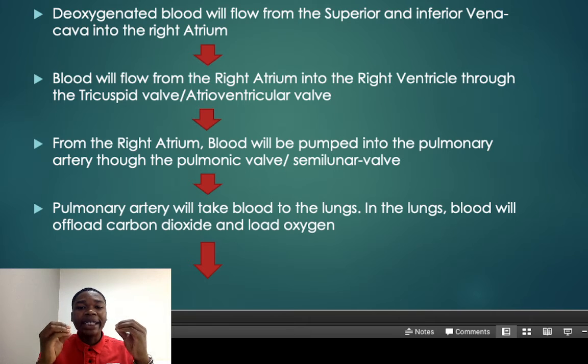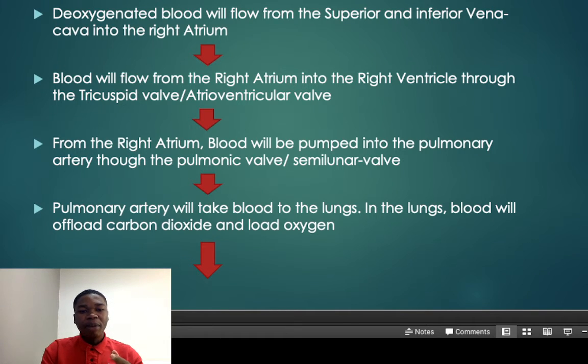Remember, the blood is being taken out of the heart through the pulmonary artery. A for artery, A for away, taking blood away from the heart. Then this blood passes through the pulmonic valve, also known as the semilunar valve.